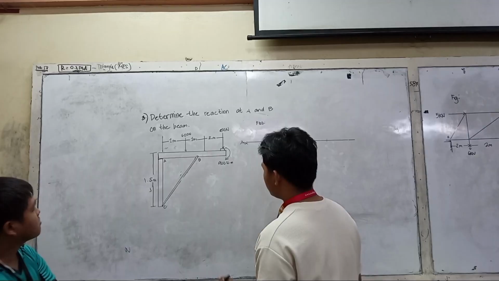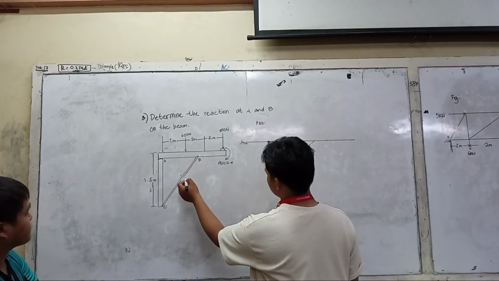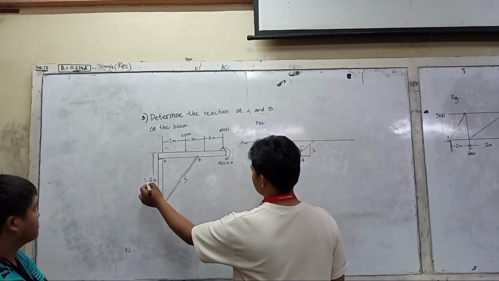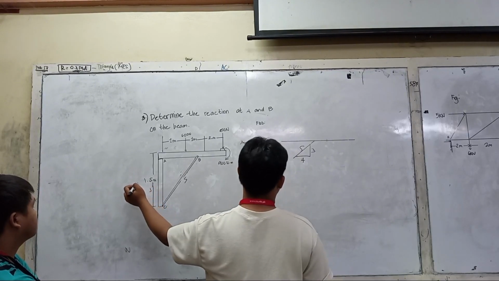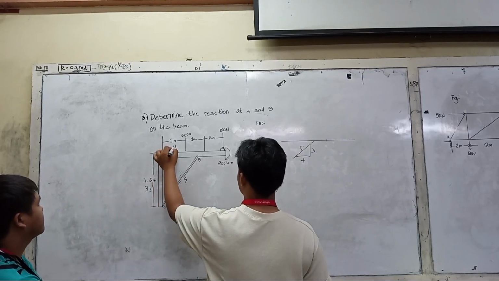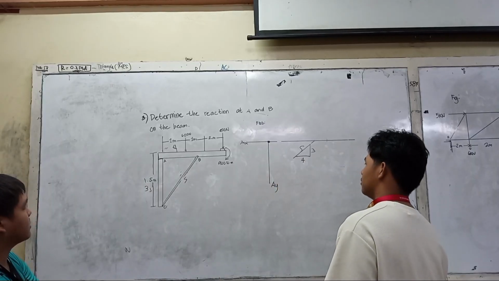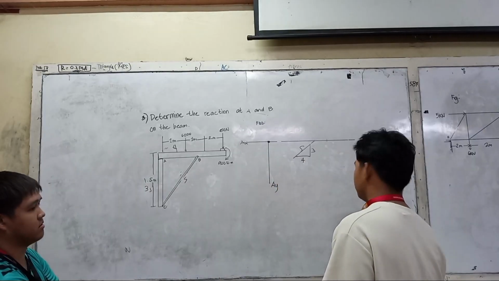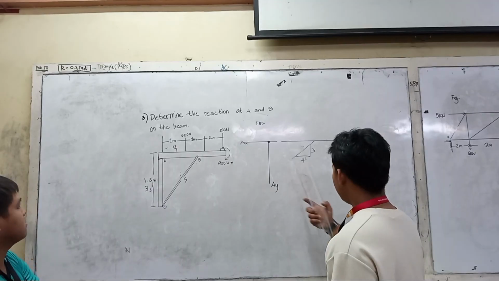So if we draw, this is the 5, this is the 3, and this is the 4. Parallel lang siya. It's a mini version.